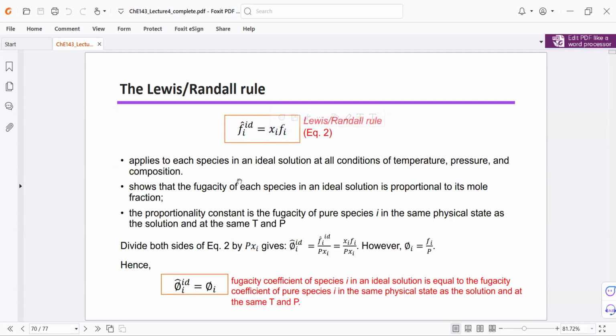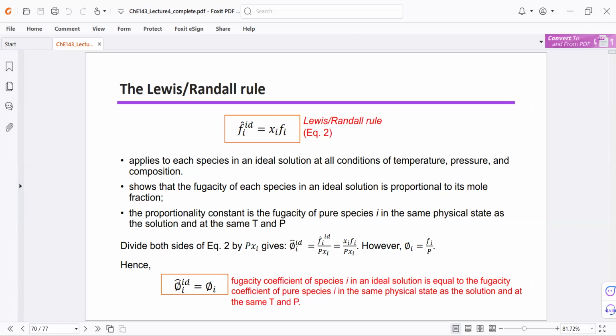Now, if we divide both sides by P x sub i, or the pressure times the mole fraction, x sub i will cancel out from the numerator and denominator, and if you will remember, the fugacity divided by the pressure gives us the fugacity coefficient.